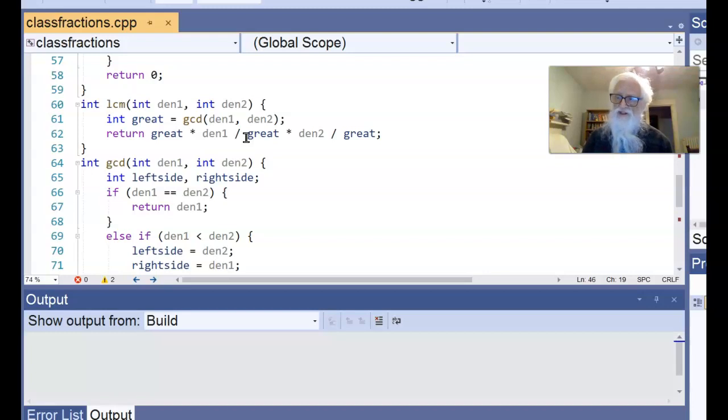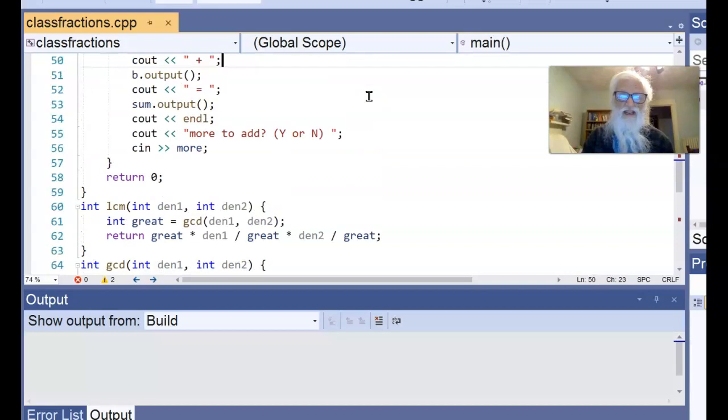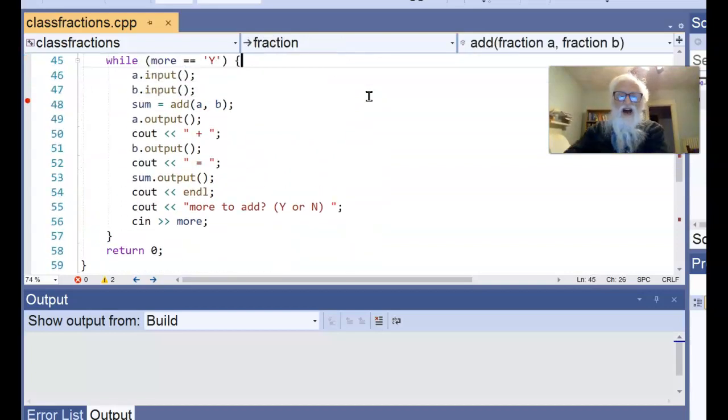The point of an overload is that instead of writing up here a dot input, I'd rather write cin chevrons A and cin chevrons B. And instead of that sum equals add A plus A comma B, I'd rather write sum equal A plus B. But what that means is I need to give a new meaning to the plus sign.